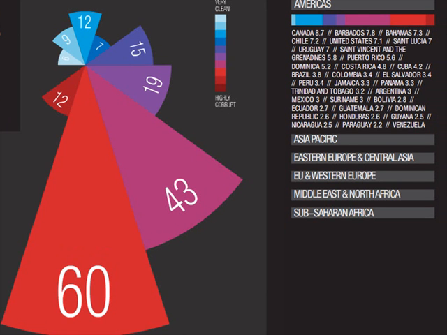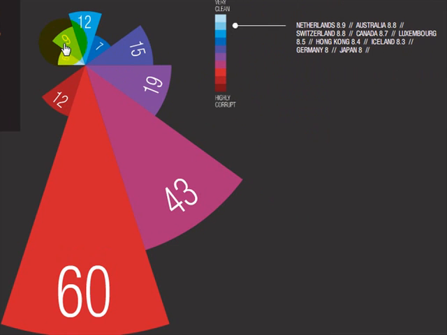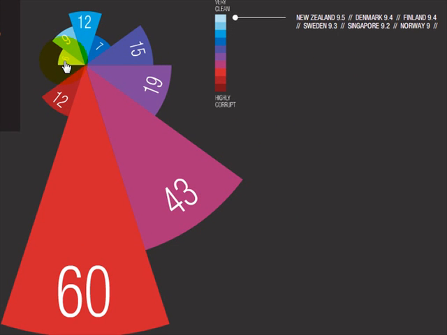And what we're looking at is there's different color codes for very clean to highly corrupt. I think it will surprise you that among the 6 nations that are the cleanest are New Zealand, Denmark, Finland, Sweden, Singapore, and Norway.